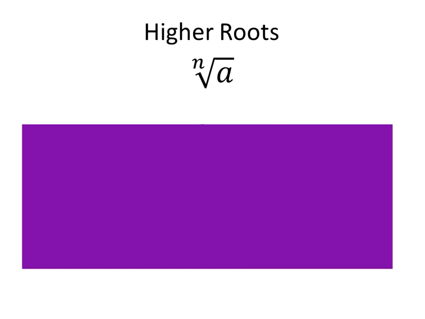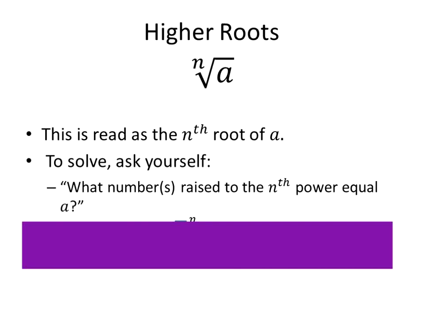So basically, just one last little piece to help you get started on the lesson. You can pretty much work through this lesson yourself. So there's the nth root of a, and you ask yourself, what number raised to that power equals a? So if n was 7, you ask yourself, what number do I have to multiply by itself 7 times to get the number I was given? Or, for example, n is 4, and it's 4 of those numbers multiplied together to make 16.